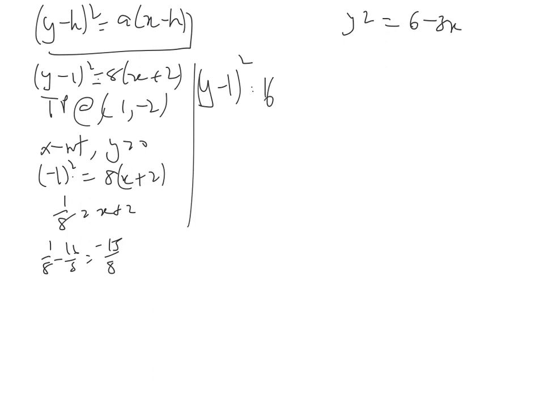So I'm going to take the square root of both sides, so we've got y minus 1 equals plus or minus 4. So y minus 1 equals 4, so y equals 5, as we plus or minus 4, so it's going to be 5 or -5. Oh no, 5 or -3.